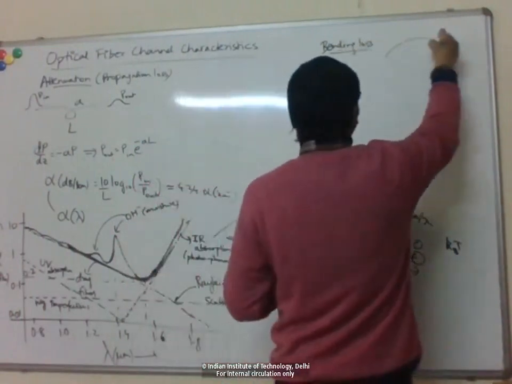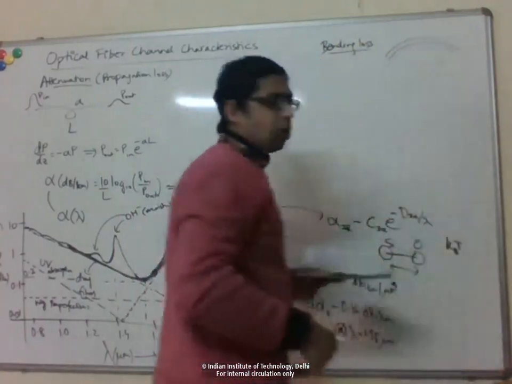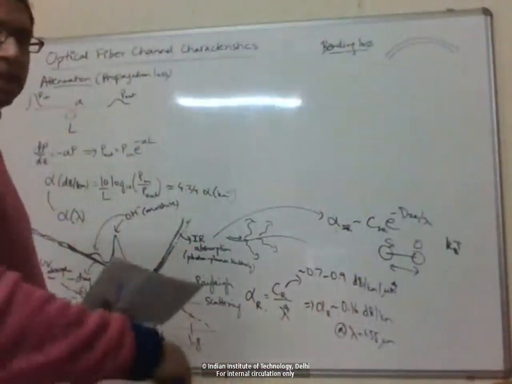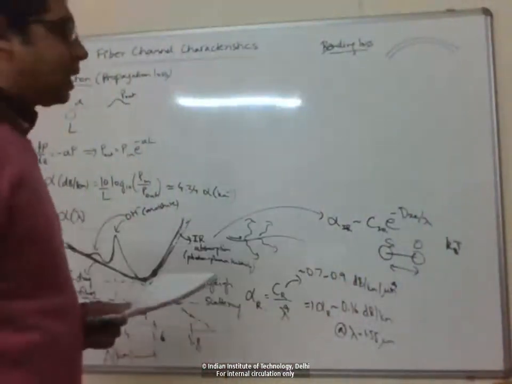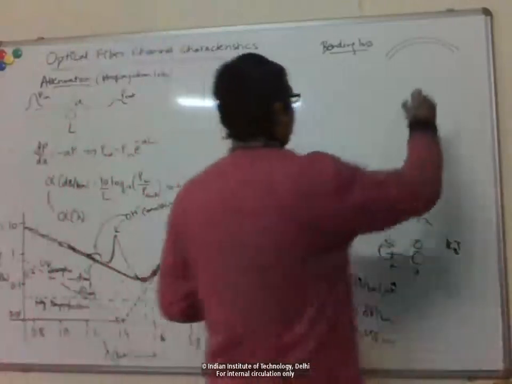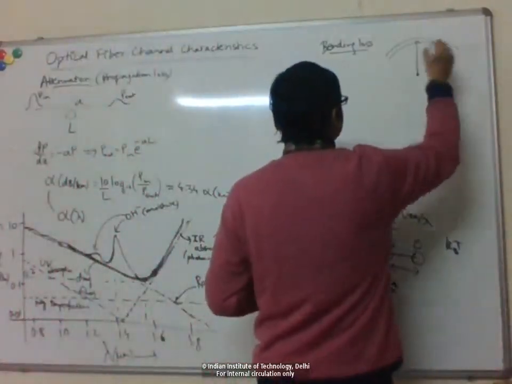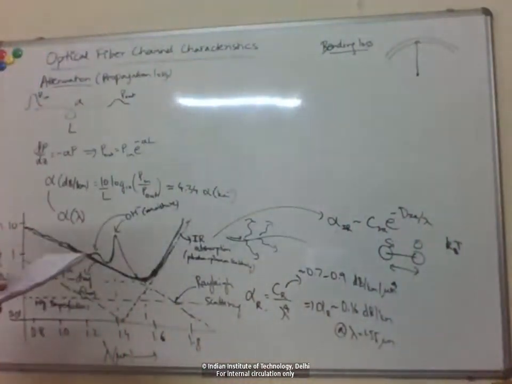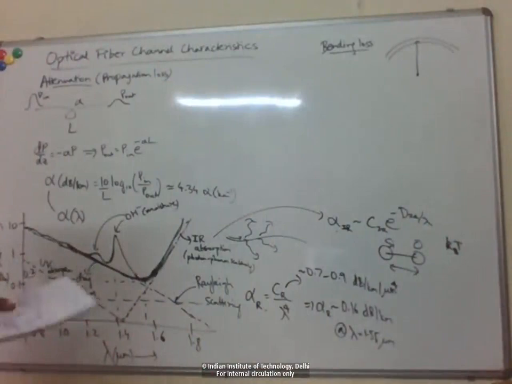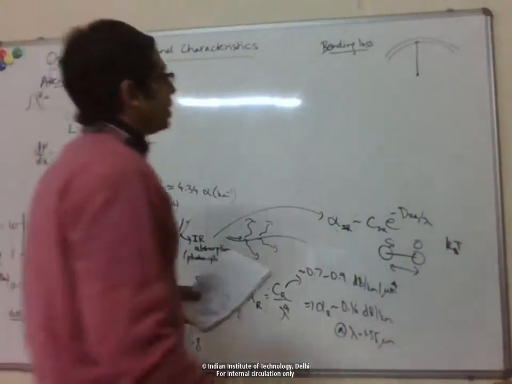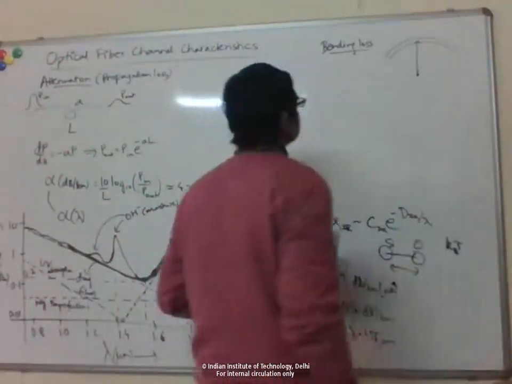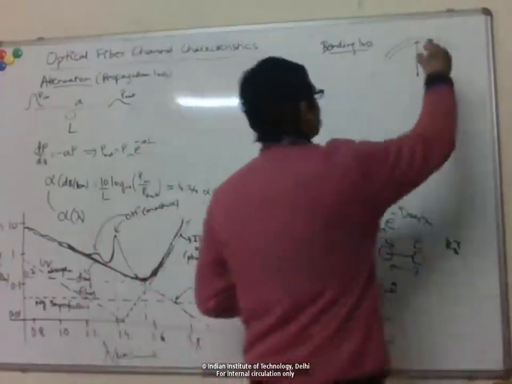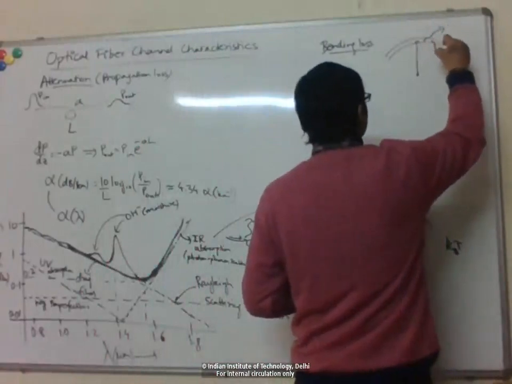So other kinds of losses that can come into the picture are bending loss. Especially for a long link, there are various points along the link where the fiber would be bent. It won't be perfectly straight. It turns out that fundamentally, from solutions to the wave equation, if you have a bent fiber or any bent waveguide, that immediately leads to a loss.